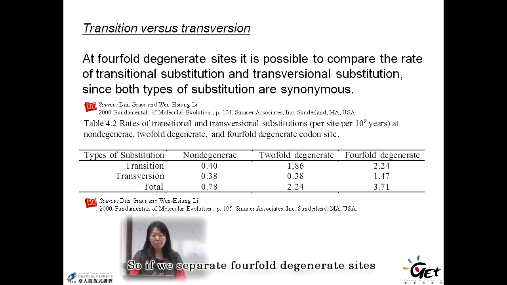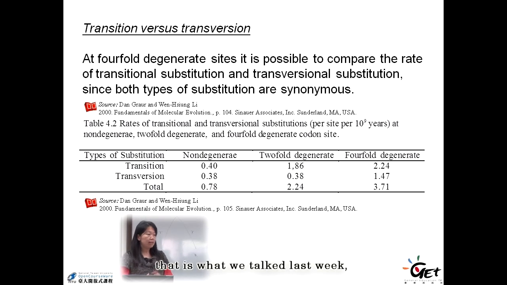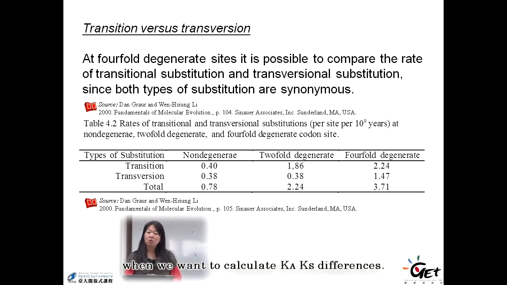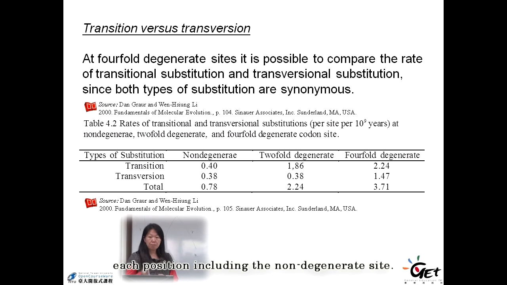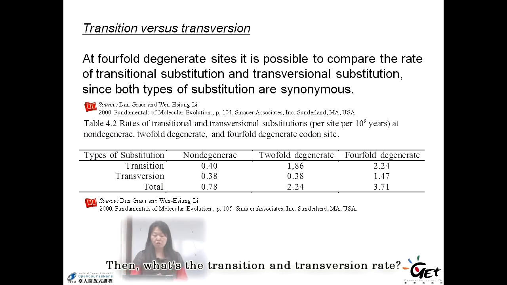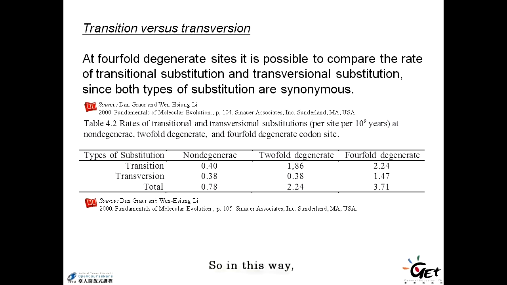If we separate 4-4 degenerate sites and 2-4 degenerate sites, that is what we talked about last week when we calculated K and Ks differences. So we can look at each position, including the non-degenerate site, and ask what the transition and transversion rate is. In this way, we can compare the rate differences.